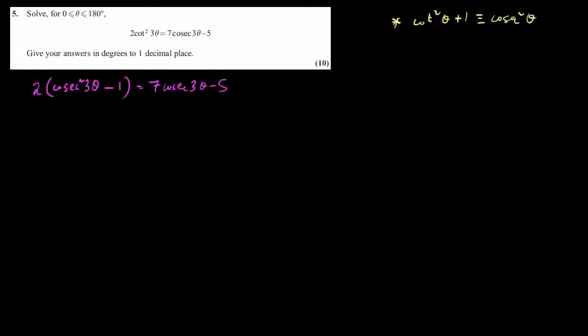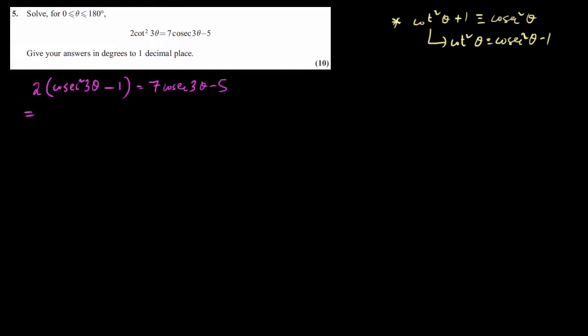Let me explain why I wrote minus 1. Because if we go to the next step, then we can get cot squared theta is identical to cosec squared theta minus 1. Our theta is actually 3 theta. That's why I wrote 3 theta. So that is the first step.